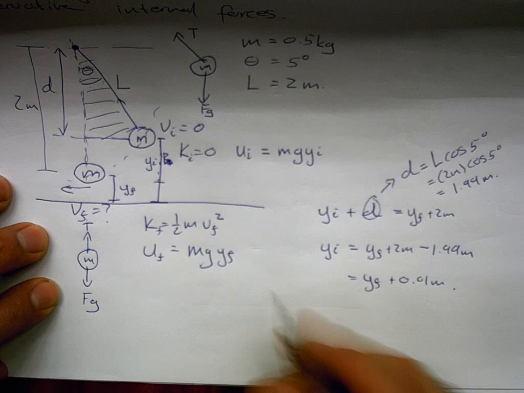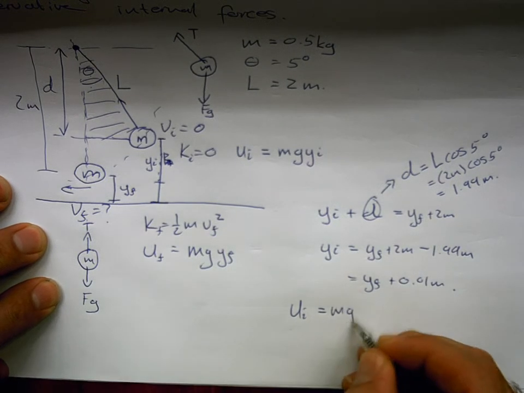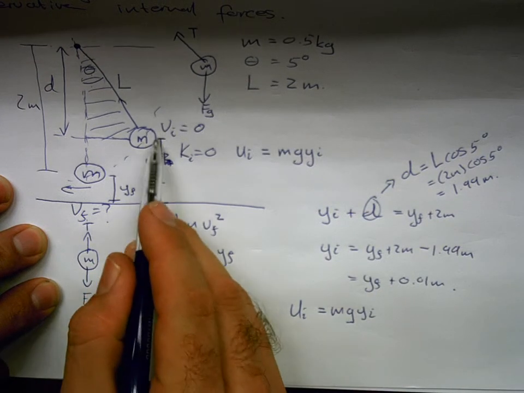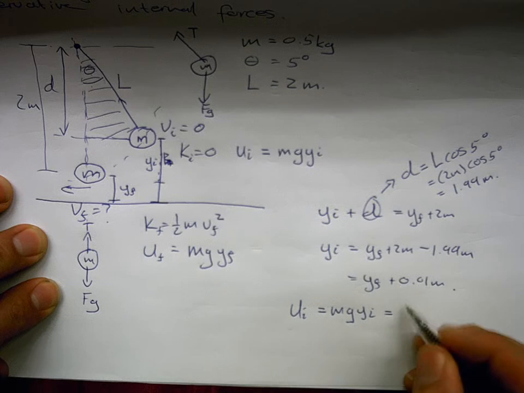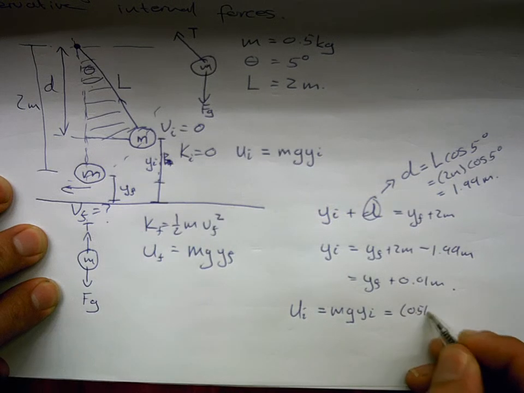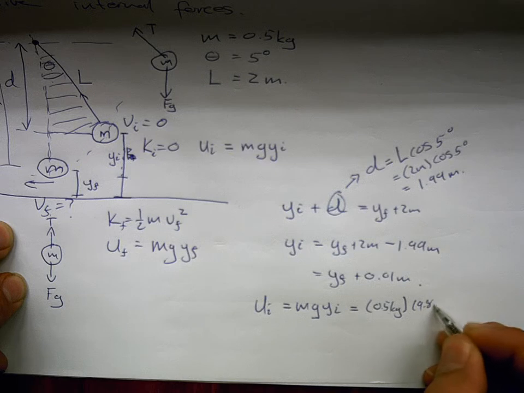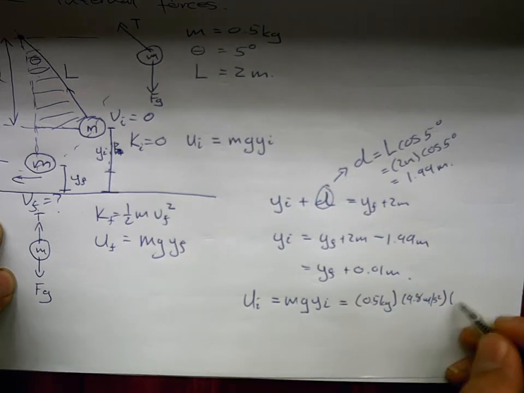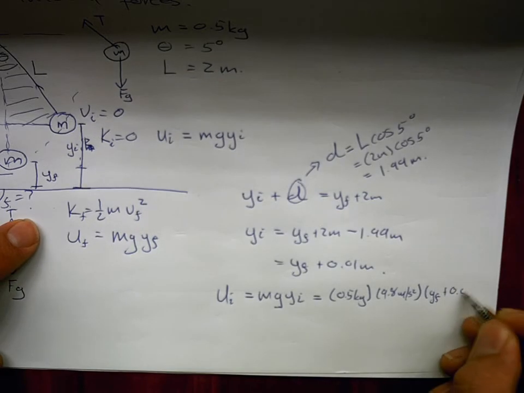So the initial potential energy, we said, is equal to m times g times y initial. So this will be 0.5 kg times 9.8 meters per second squared, and we've got y initial, it's equal to y final plus 0.01 meters.